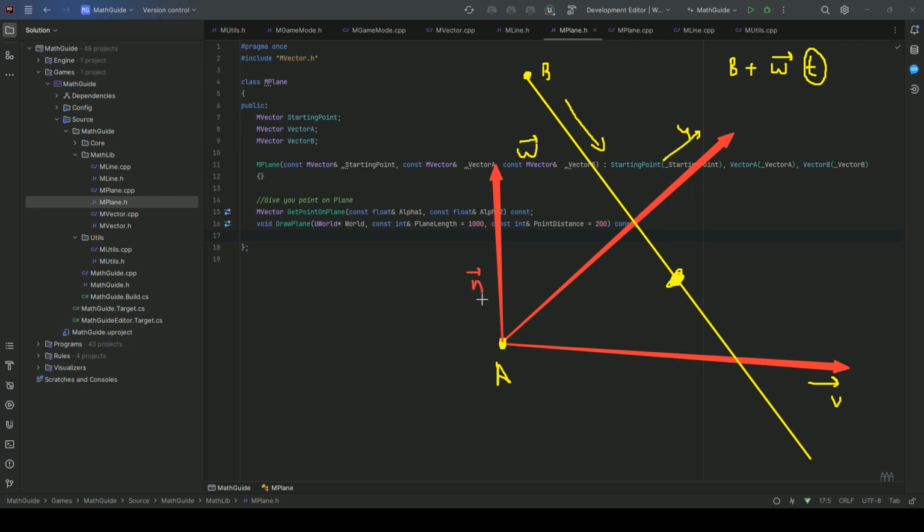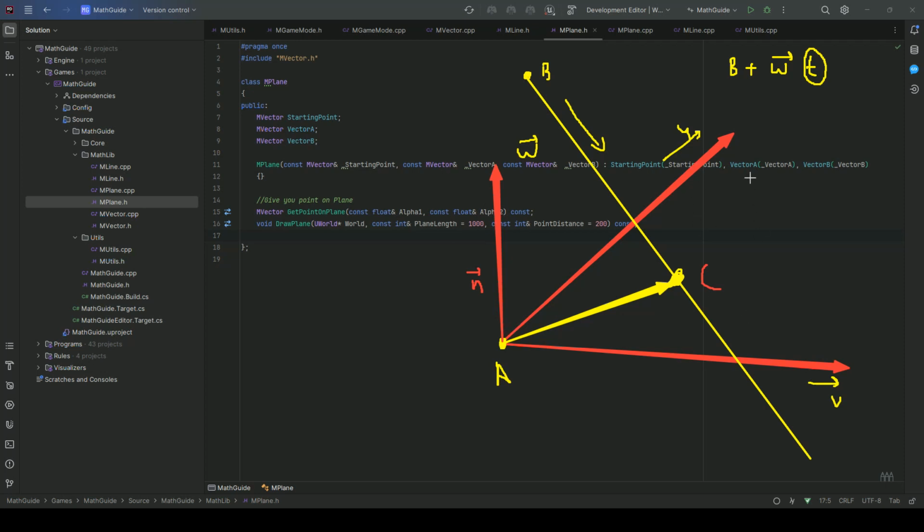Okay, so we know n. And let's imagine I am calling this point C, so the vector which will go from A to C, this vector, let me draw it with yellow color. So this vector will lie on that plane, and the angle between the yellow vector and that n vector will be again 90 degrees.